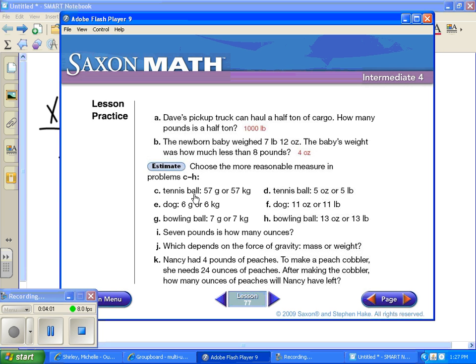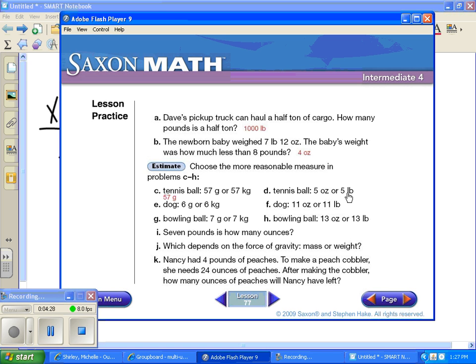Choose the more reasonable measure in problems C through H. Let's think about a tennis ball. 57 grams, so 57 paper clips in one hand, or 57 kilograms, that would be 5,700 paper clips. I hope you said 57 grams. Now think about ounces and pounds. We haven't talked about this yet.